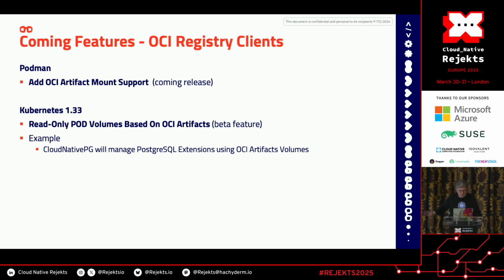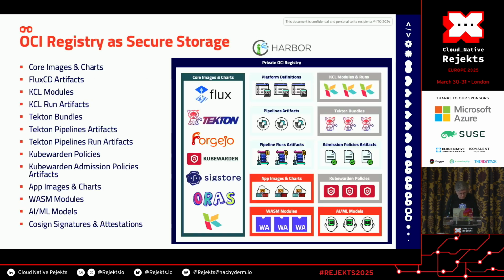For instance, the CloudNativePG team will manage the Postgres extensions by using a specific OCI artifact per extension instead of compiling them into the core images. It's exactly what they do for now, and so it's complex to do custom images for Postgres. With this solution, it will be easier to get multiple extensions coming from multiple OCI artifacts and mount them as read-only inside the pod.